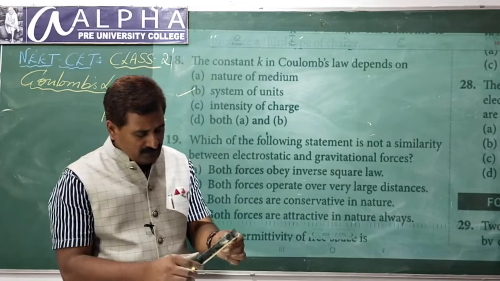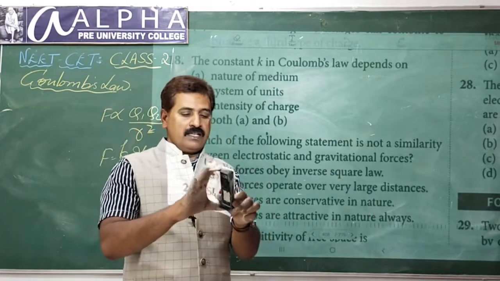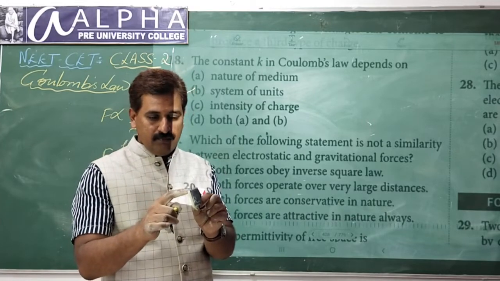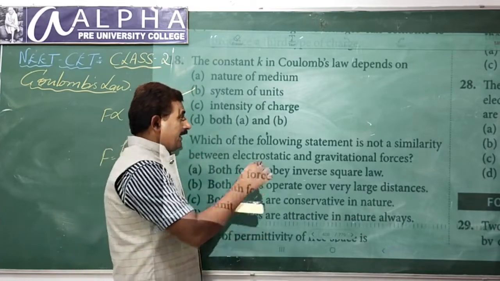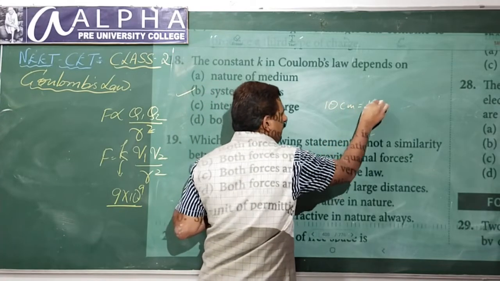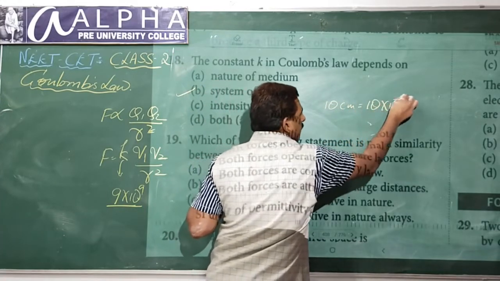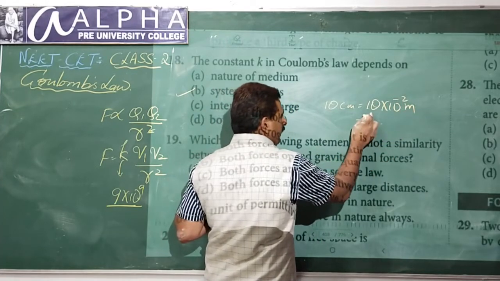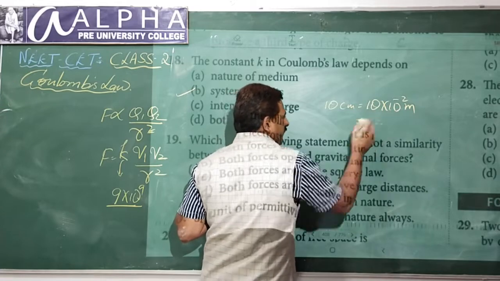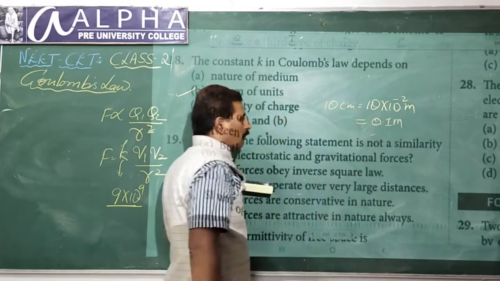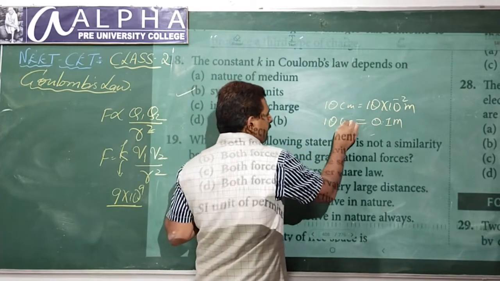See, look here students, this is the duster having some length, say 10 centimeters. If I write that in meters, 10 centimeters is 10 to the power minus 2 meters. If I write in terms of a fraction of a meter, it becomes 0.1 meter. 10 centimeter, 0.1 meter.